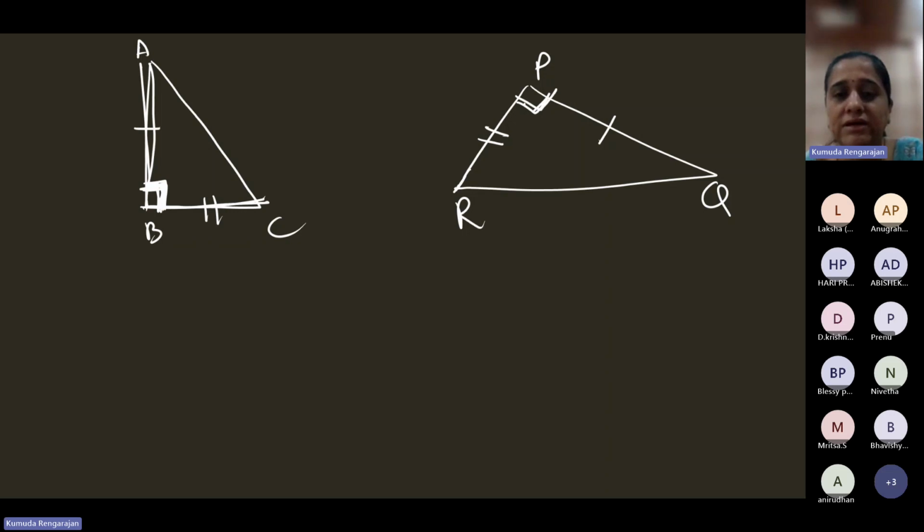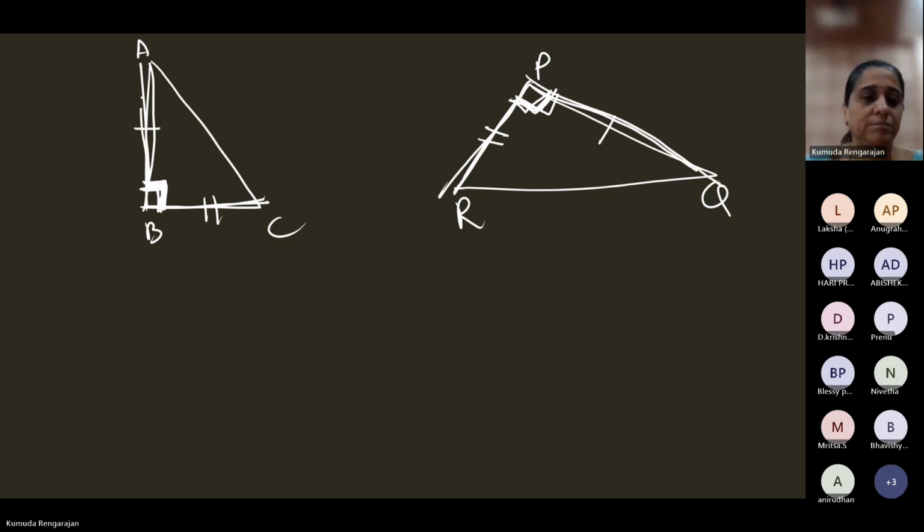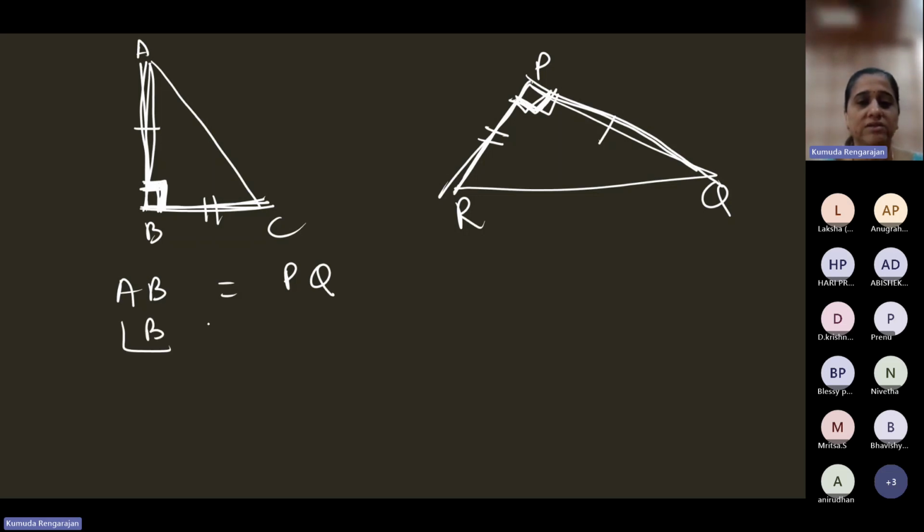And for angle P, the arms are PR and PQ. So you can see that AB of the first triangle is equal to PQ of the second triangle. Angle B of the first triangle is equal to angle P of the second triangle. And BC of the first triangle is equal to PR of the second triangle.